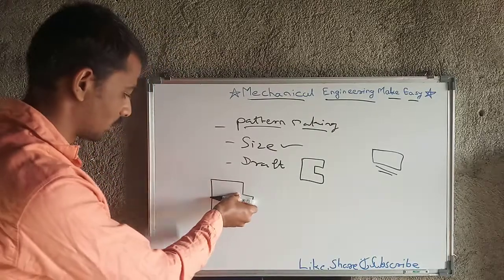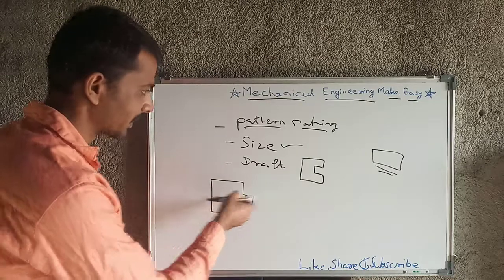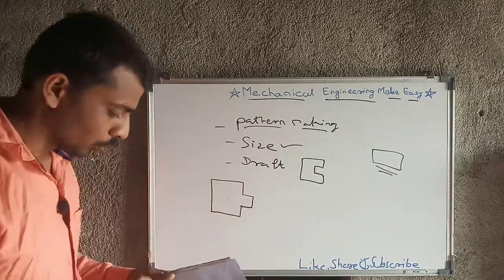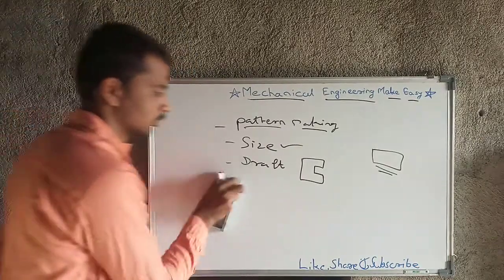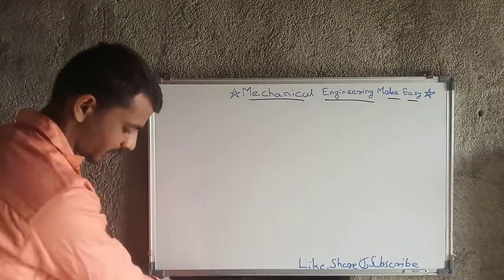Because of this, while we make the casting, the hole will be created here. This is nothing but the core prints for seating the core. This is all about the pattern making.